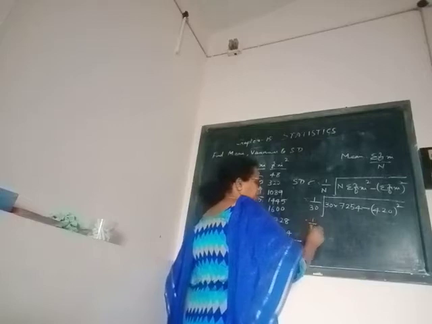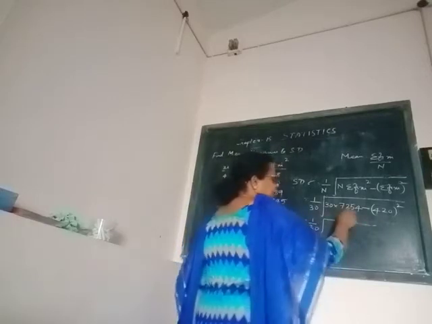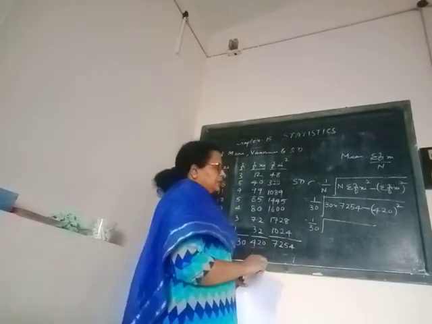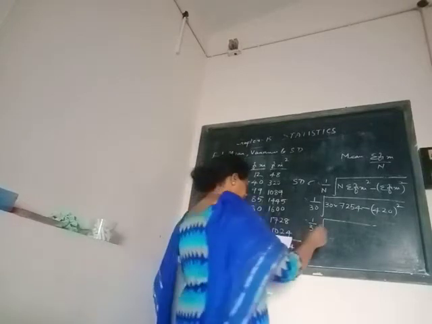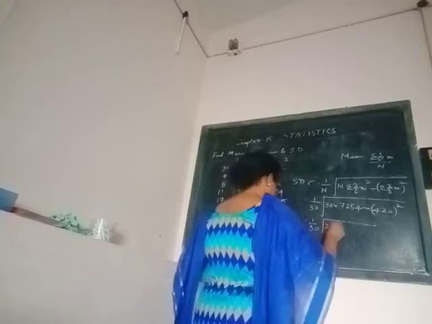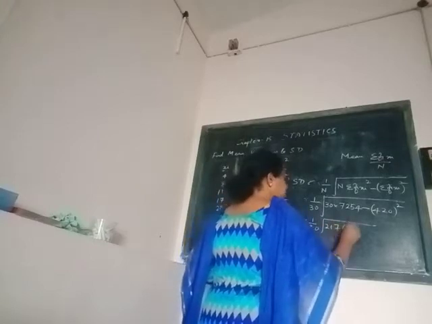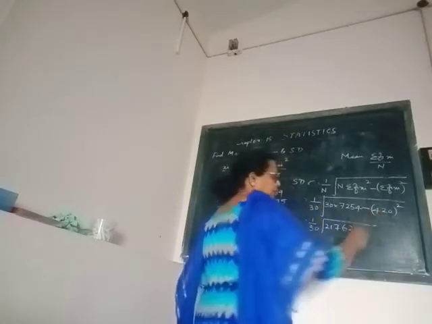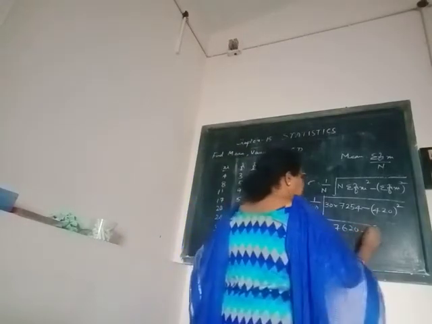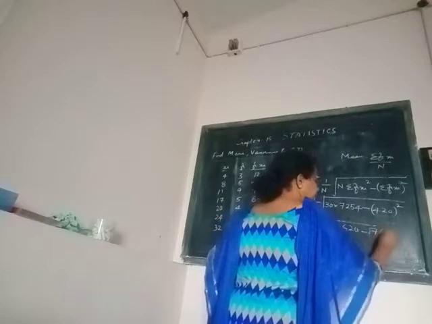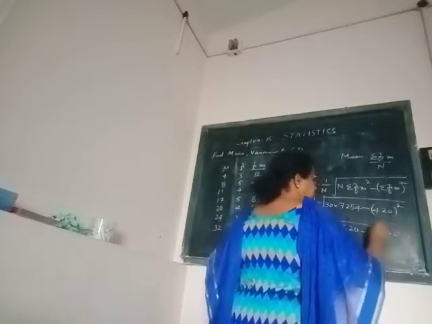Use the calculator to find these values. First you find 30 into 7254. You will get 217620, minus. Then you find 420 squared. 420 squared is 176400.